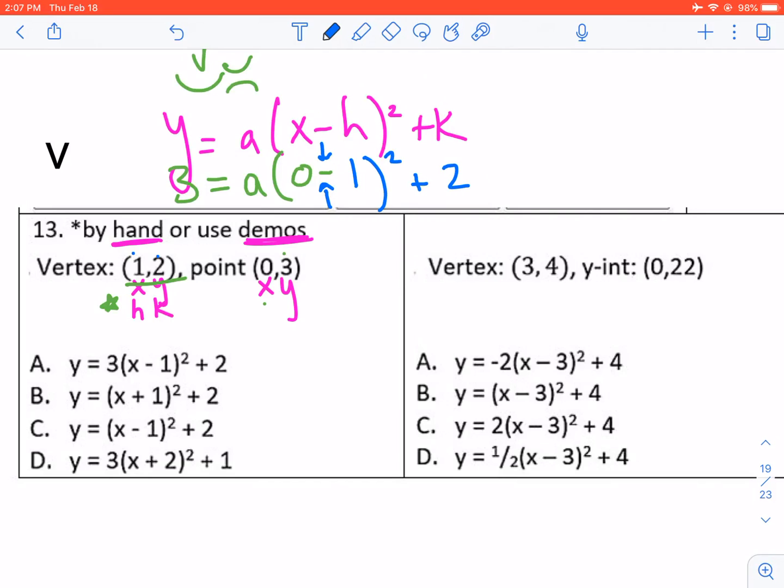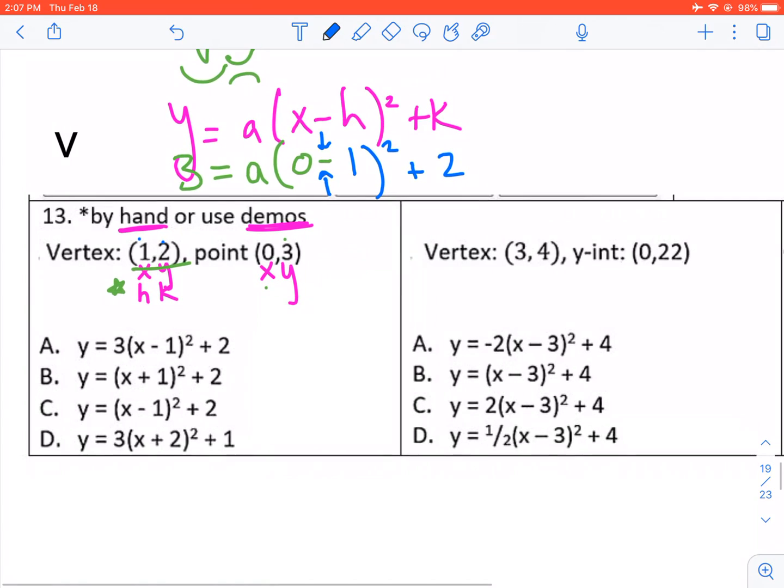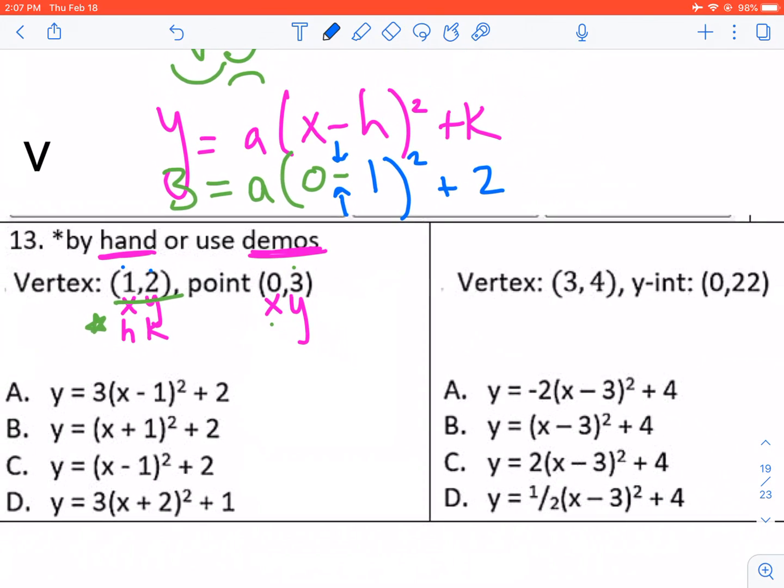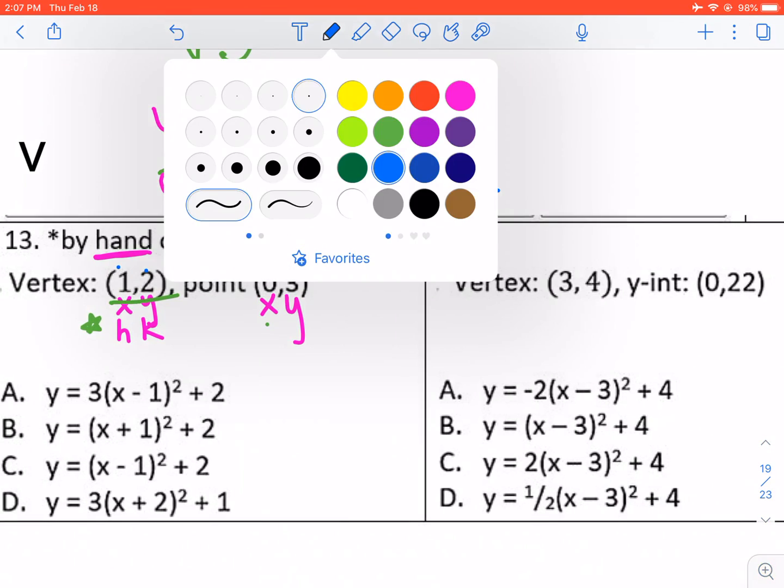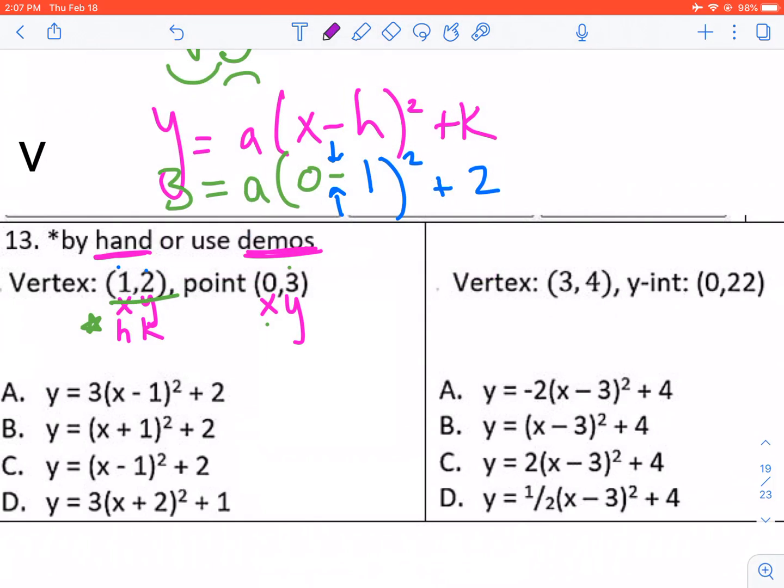Now we're going to work this out. Since I'm just doing this by hand, I'm going to continue working this one all the way through by hand. So I have my 3 right here equals, and I don't know what a is, 0 minus 1 is a negative 1 squared plus 2. A negative 1 squared, negative 1 times negative 1 is a positive 1, plus 2.